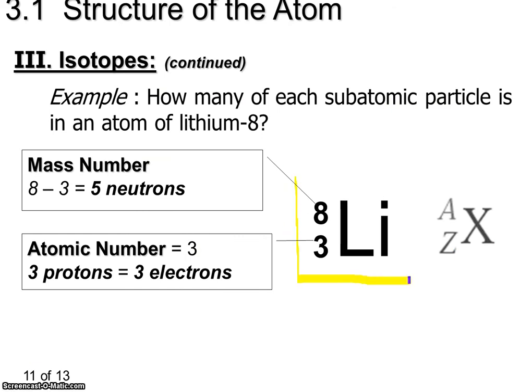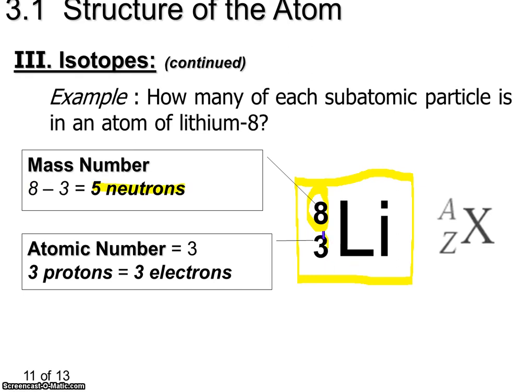So what if we're looking at an isotope and we're looking at this AZX formula instead of the periodic table. Now how can we find out how many subatomic particles there are in this isotope? Well, we can start with the top number. Top number tells us the mass number, which again is the number of protons plus the number of neutrons. So in this case, you would have a mass number of 8, and if you subtract the 3 protons, that leaves you with 5 neutrons.